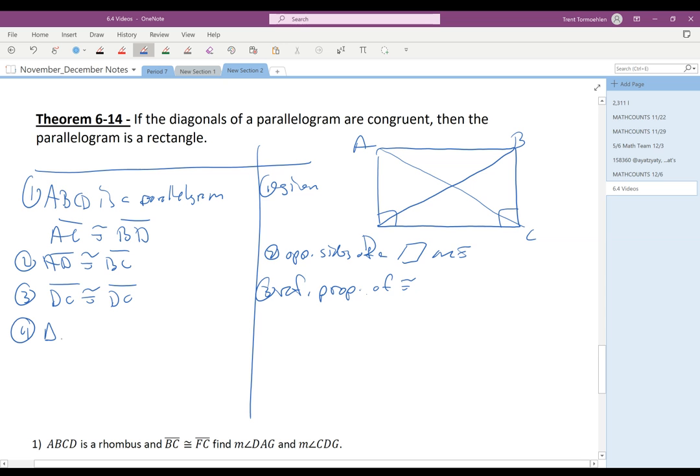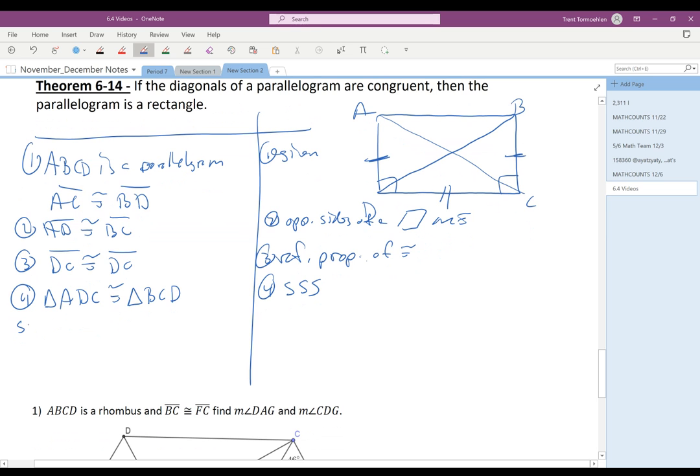Which then says that triangle ADC is congruent to triangle BCD by side, side, side, right? The diagonals are congruent, and DC is congruent to itself.